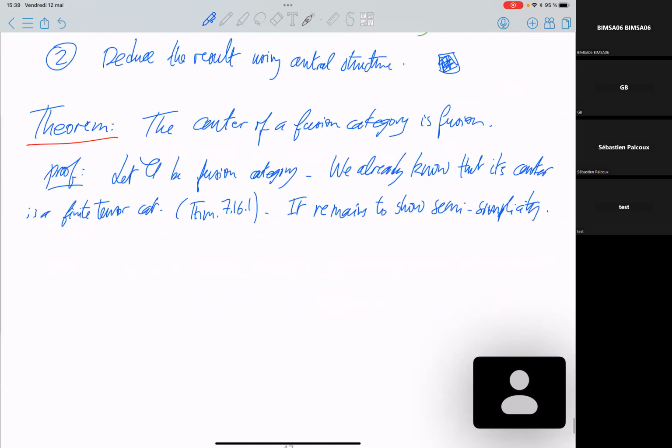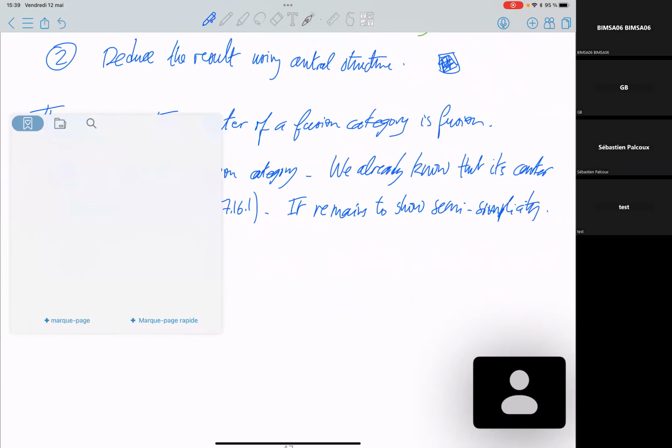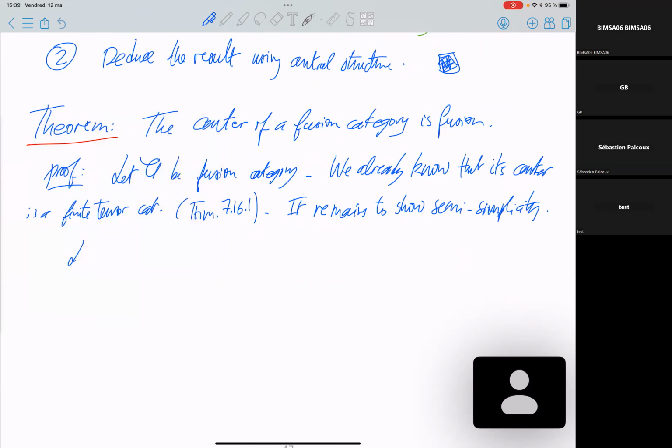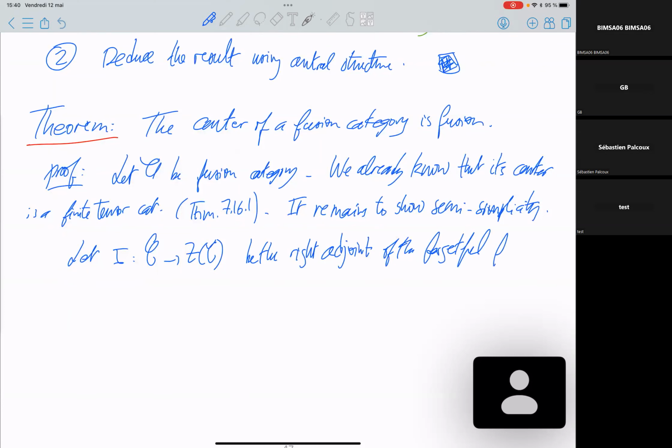So as usual, let I be the induction functor, the right adjoint of the forgetful functor F from the center to the category.